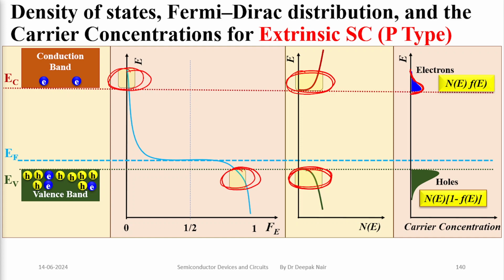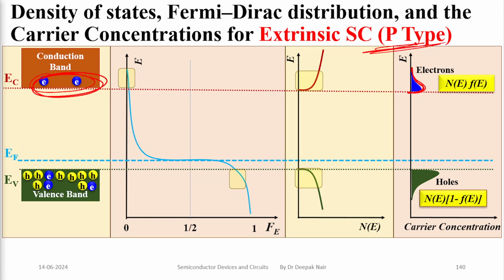Here we can see the distribution of electrons is very less in case of p-type semiconductor. Yes, because there are very few electrons in the p-type semiconductor, whereas we have a huge number of holes and maximum holes are concentrated near the EV region, and as we move away from the EV region we will find less and less number of holes in the valence band.